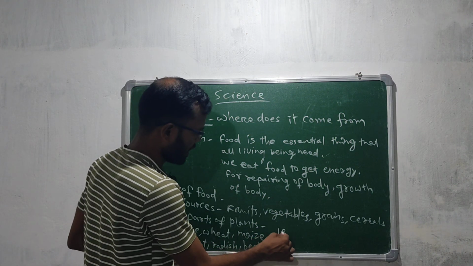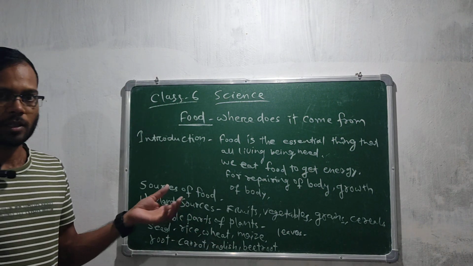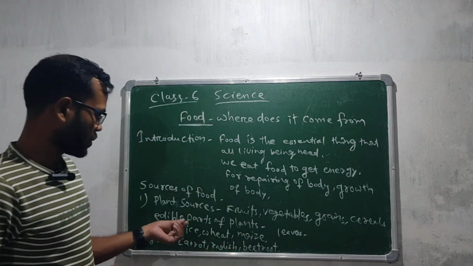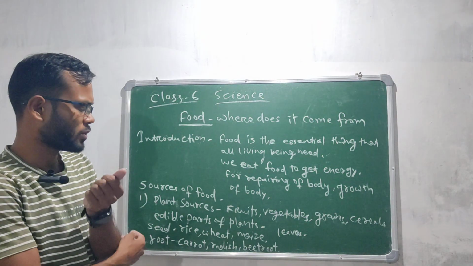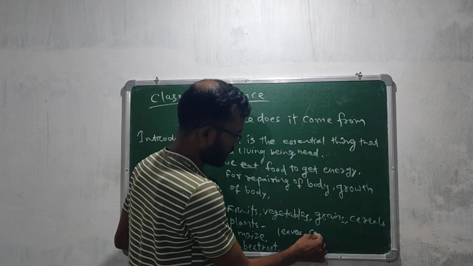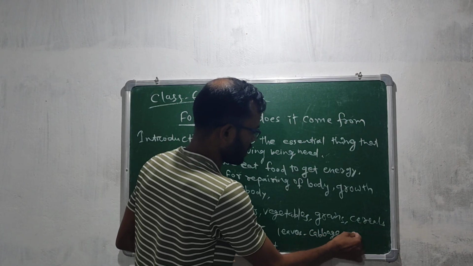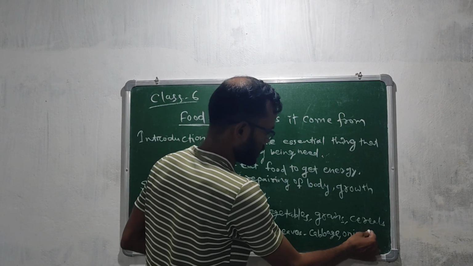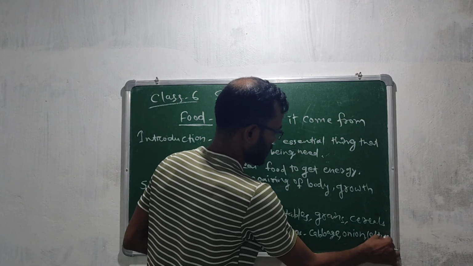Then leaves. We also eat leaves. We all know that we eat green leafy vegetables. Food is stored by leaves, roots, and seeds also. Food stored in leaves can be seen in cabbage, onion, lettuce, garlic.